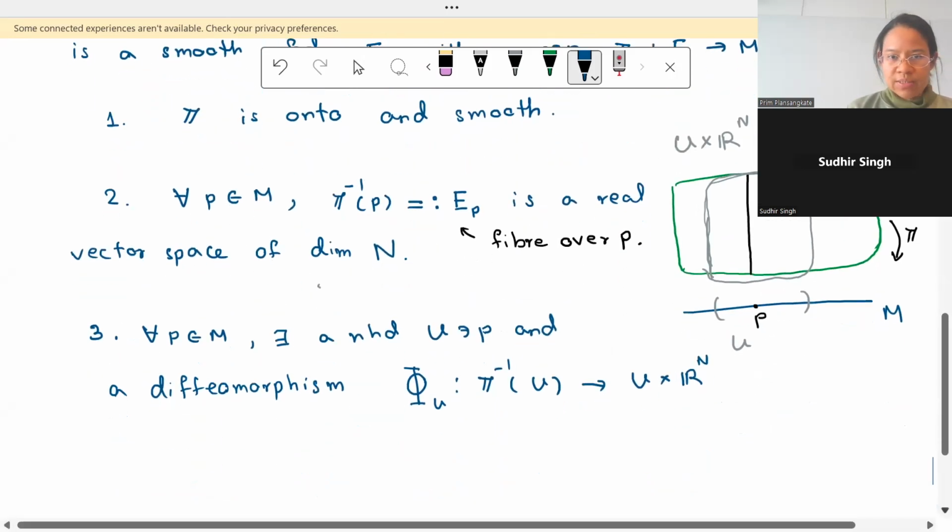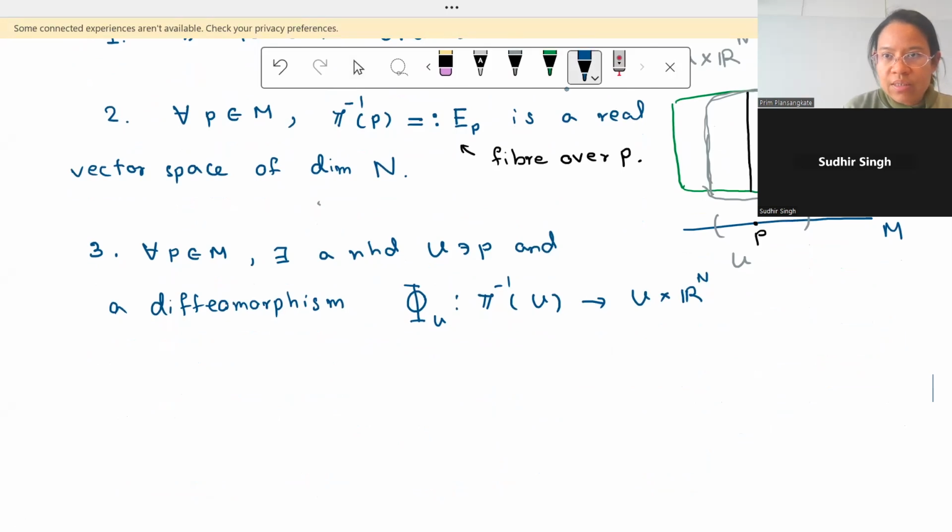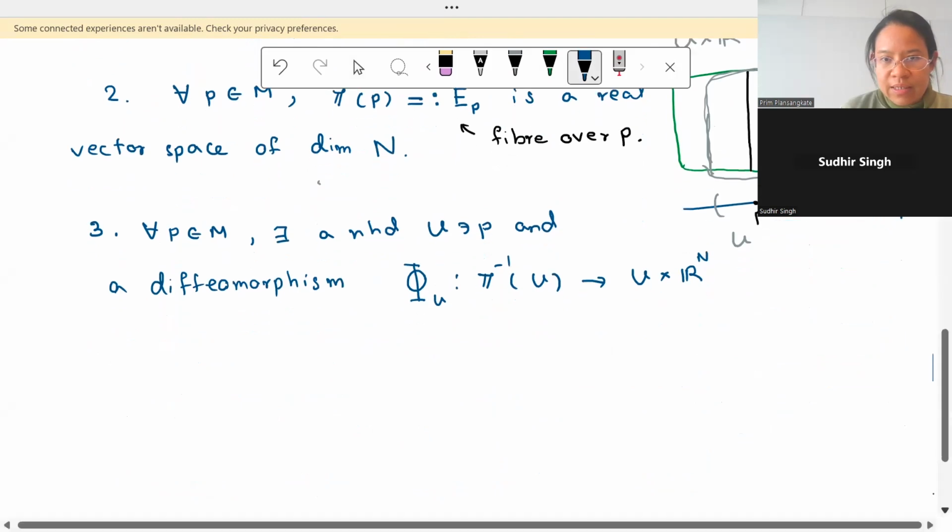And we want it so that, let me just write it. Maybe I write it first and then I draw some diagram later.